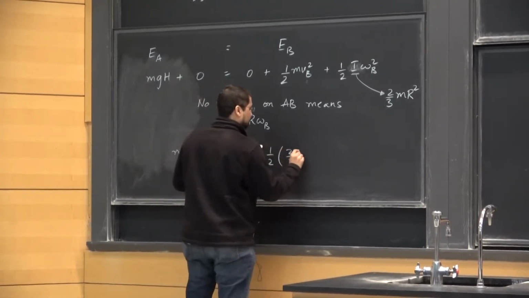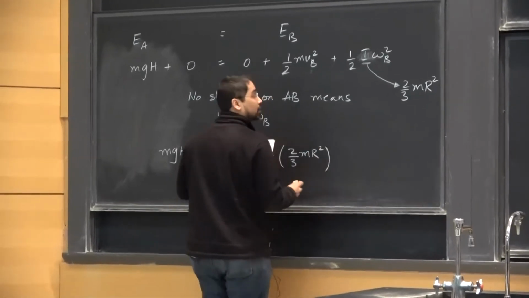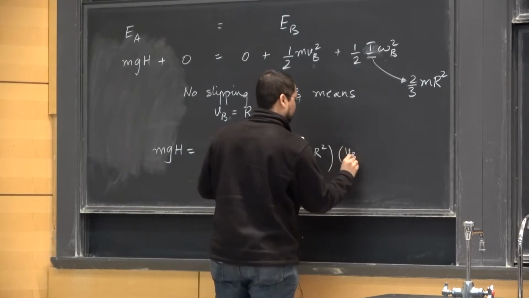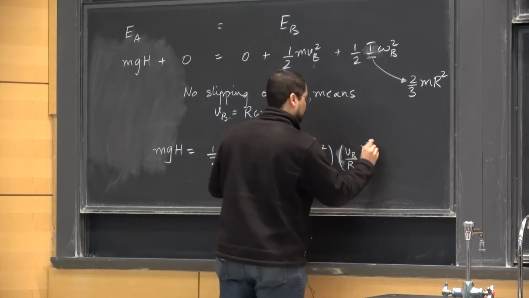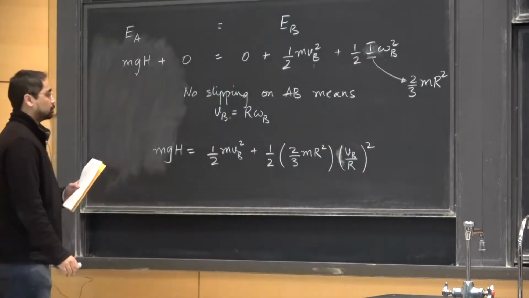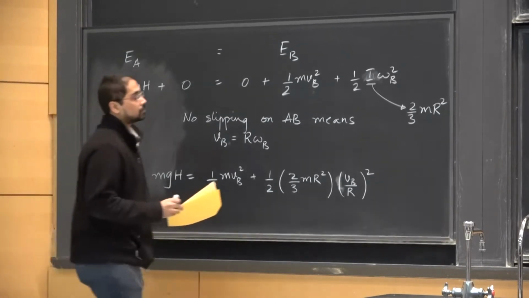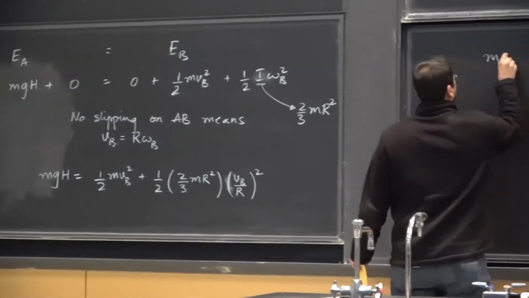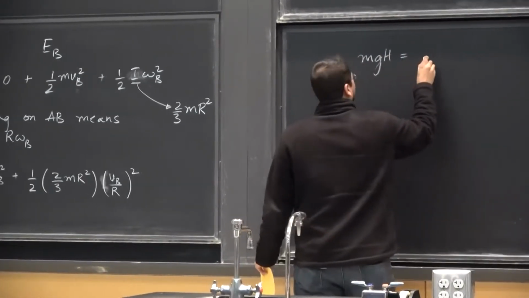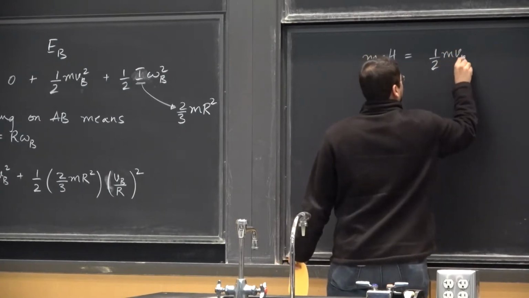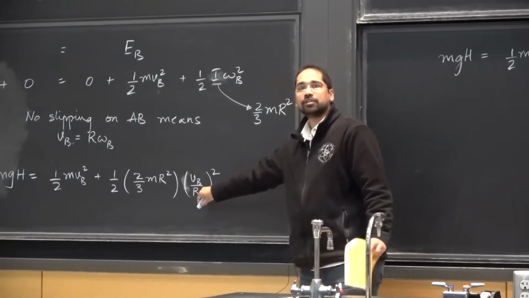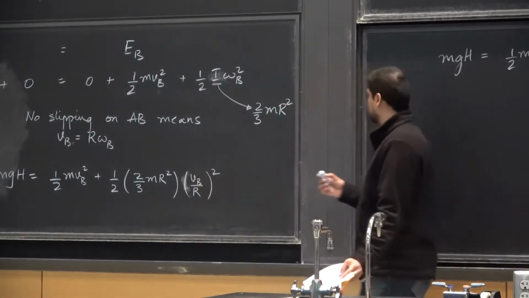So for I I have 2/3 mr squared, and for omega I have VB over R squared. We can simplify this. The square of the fraction is the same as the fraction of the squares, right?